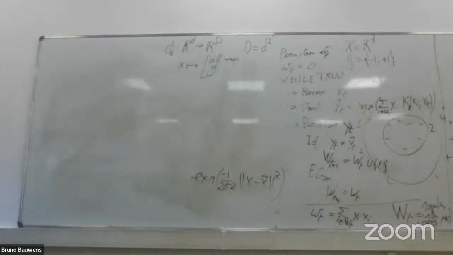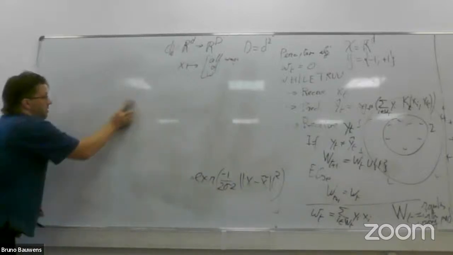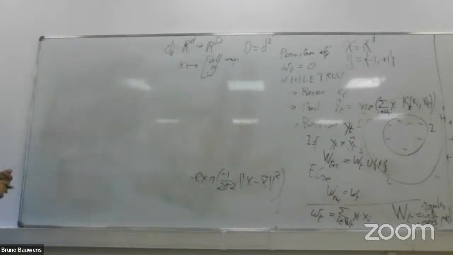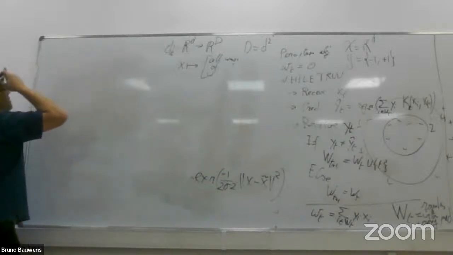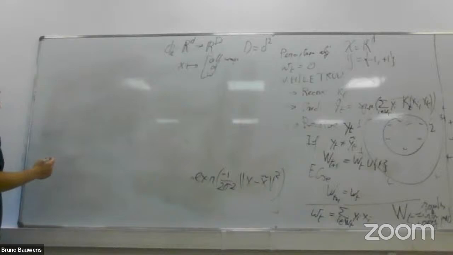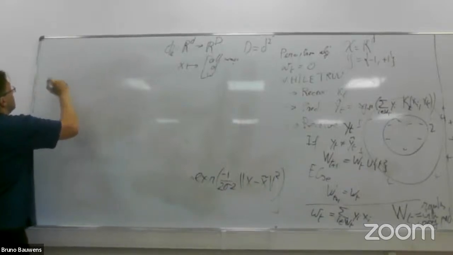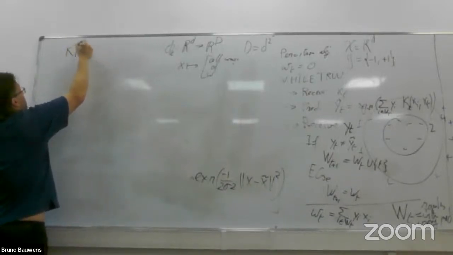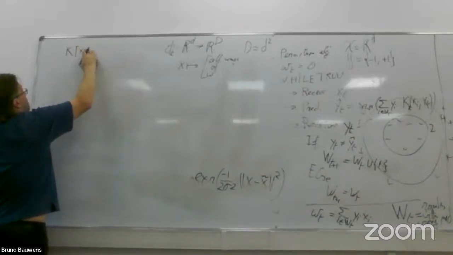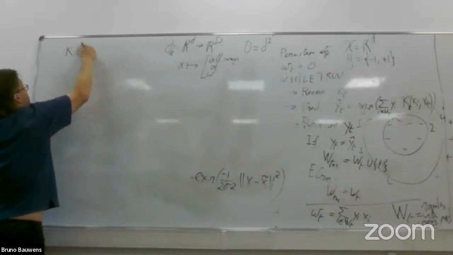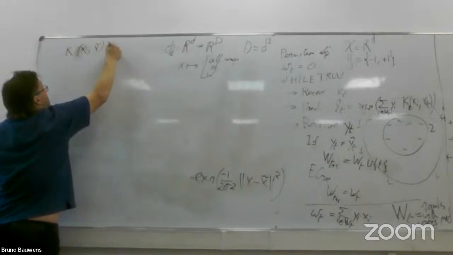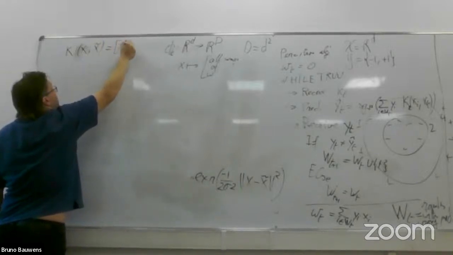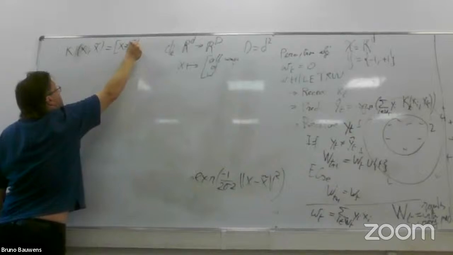So let us do an example of a bad function first. Let us have k of x, x tilde equal to the indicator that x is not equal to x tilde.